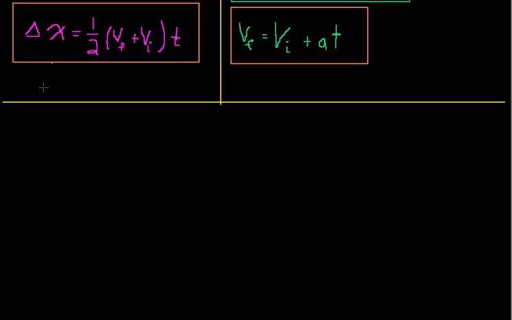So now we know that our delta x is equal to t, this t right here, I'm just rearranging it, times Vf, final velocity, plus the initial velocity over 2, right?